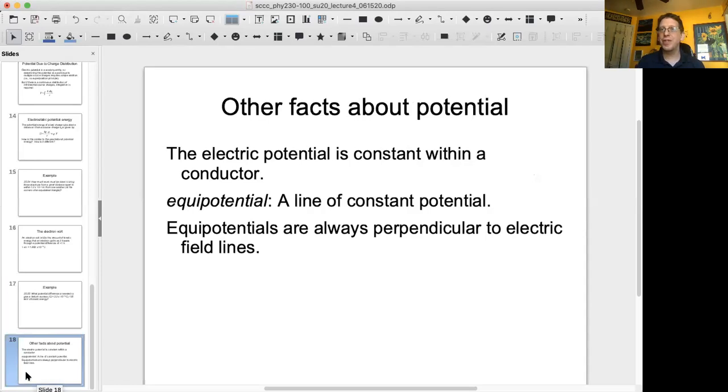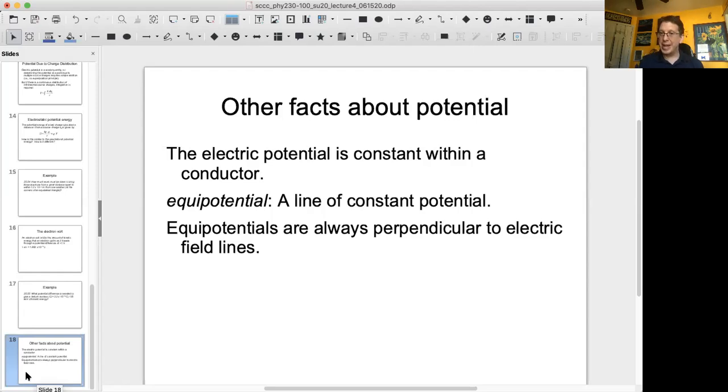So if the electric field is 0, that means the potential is constant inside a conductor. What that value is depends on where you define the potential to be 0, but that's something to keep in mind. One of the homework or recitation problems deals with that.